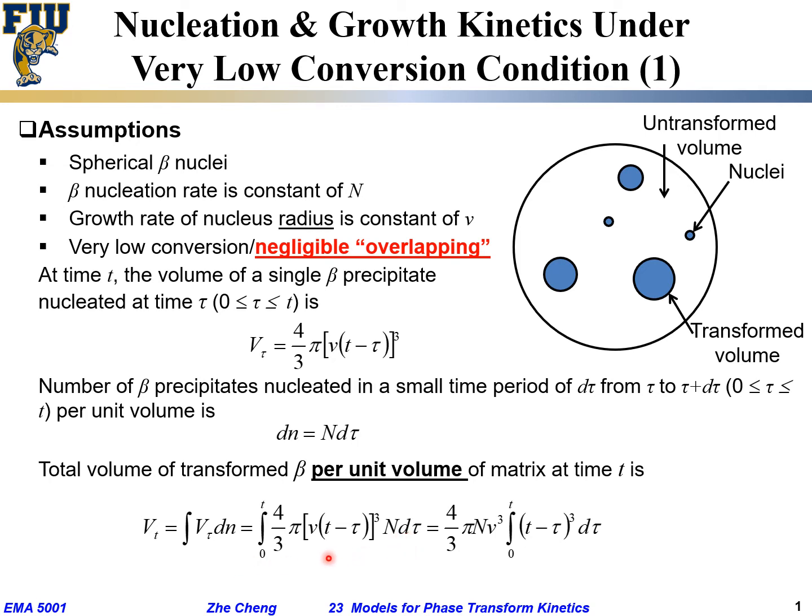From here to here, we replaced the V tau with pi over 3 times 4 v(t minus tau) to the power of 3. And then we replace dn with capital N times d tau. Okay, so that's from the first to the second.